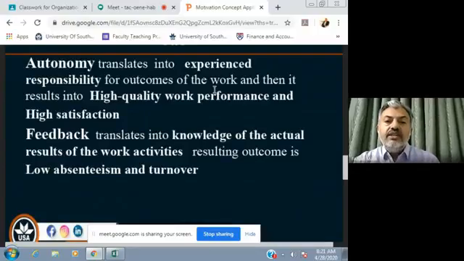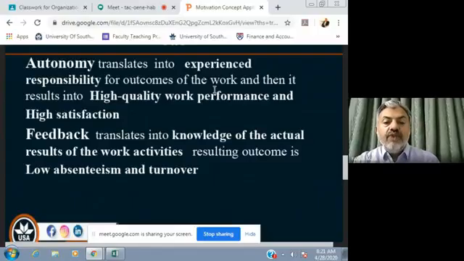Now, what is the type of feedback that people receive, and how does feedback impact their psychological state? Feedback translates into knowledge of the actual results of the work activities.